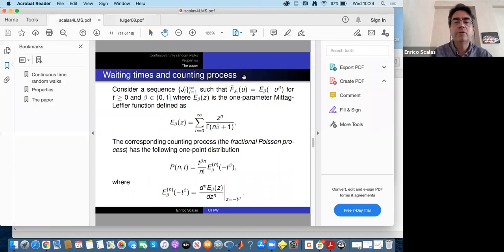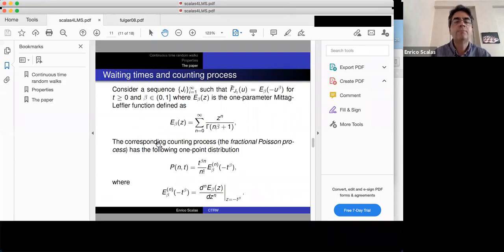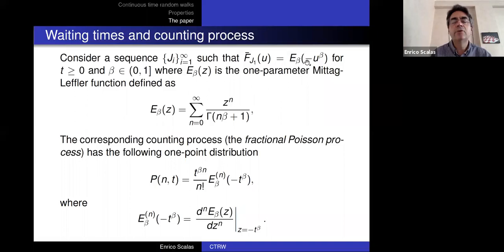So let's go back to the presentation, and let us again put this full screen. The nice thing about the Mittag-Leffler function is that the Laplace transform for the survivor function and for the probability density function are known analytically.